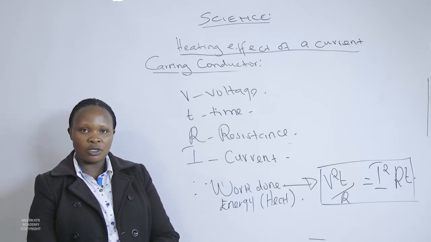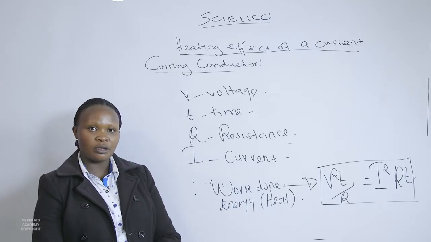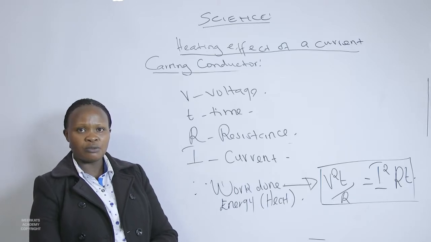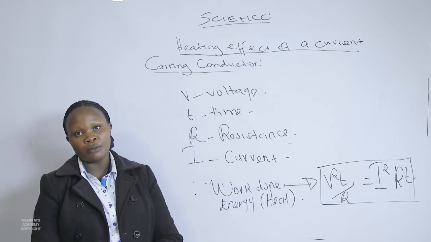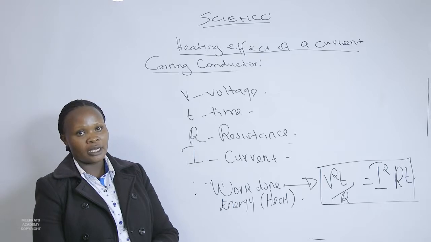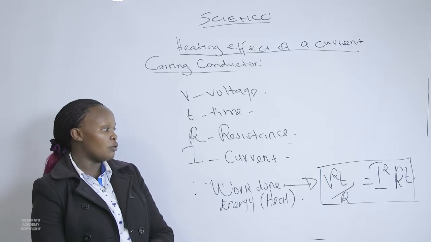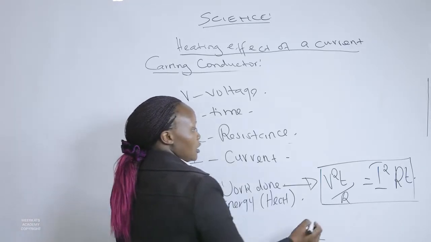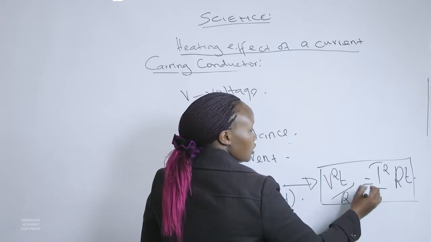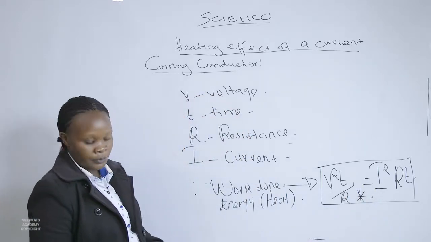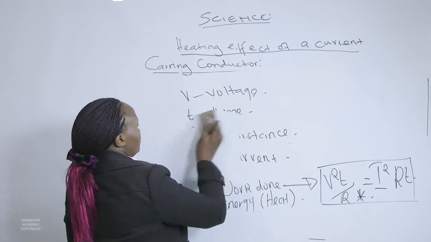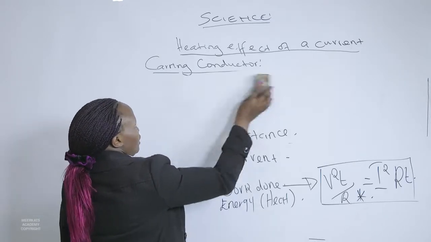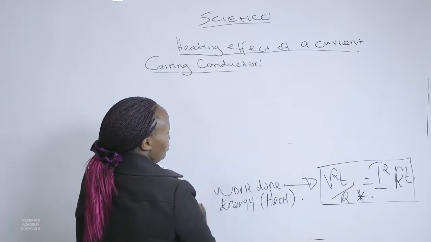Now, depending on the information provided by the question, that informs your choice of formula when you are working out any of these factors that are involved in our equation. Now, let us look at an example.